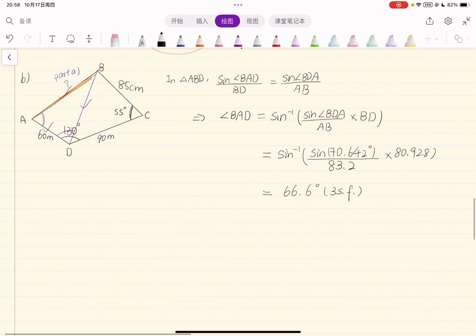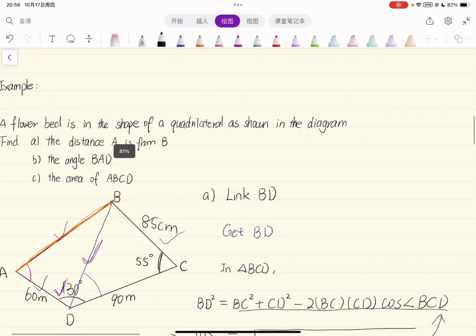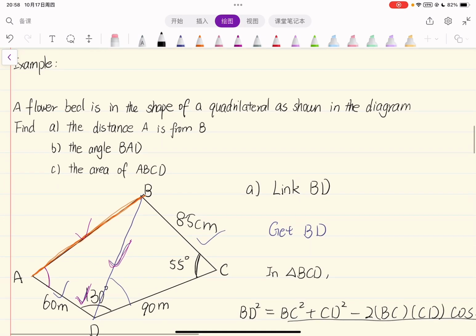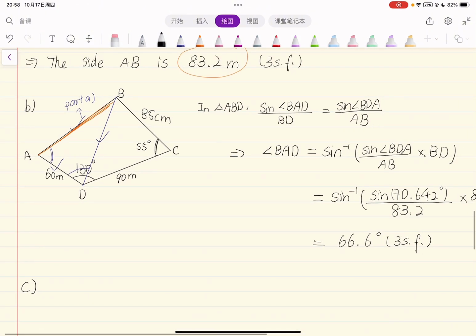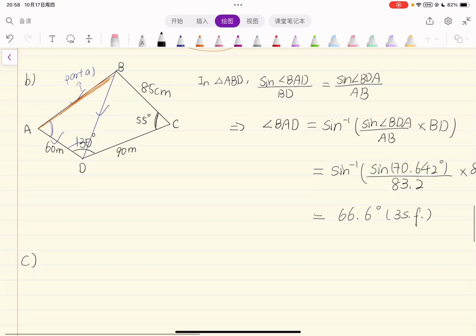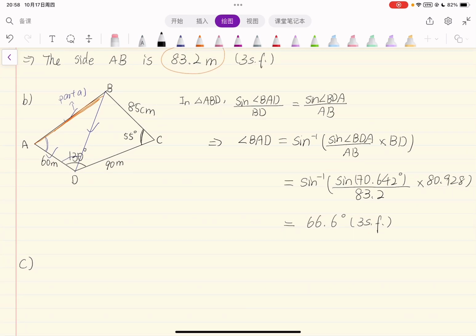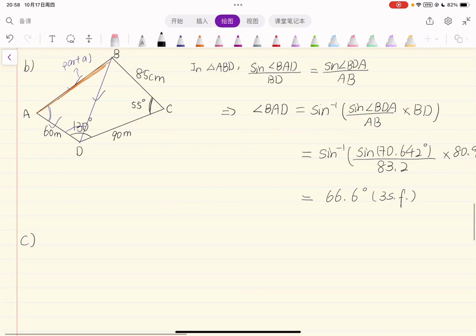Now let us see part C. The part C question asks you to find the area of the ABCD. Now, we can see that the area of the ABCD equals the sum of the two areas of the triangles. So, the area of the triangle BCD plus the area of the triangle BDA.